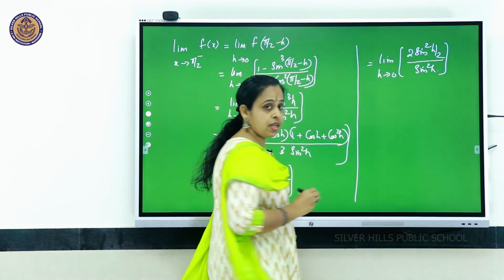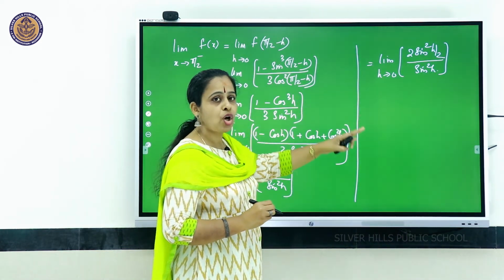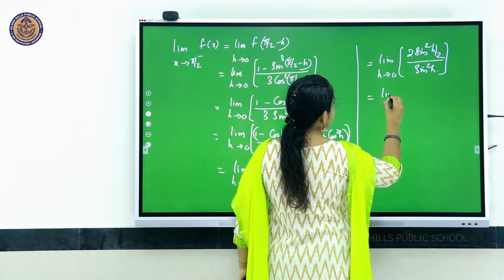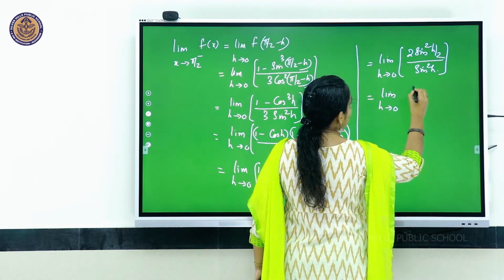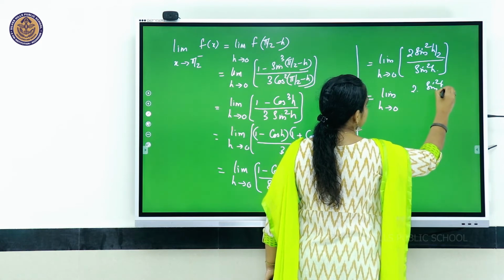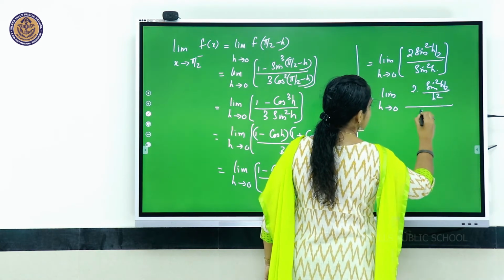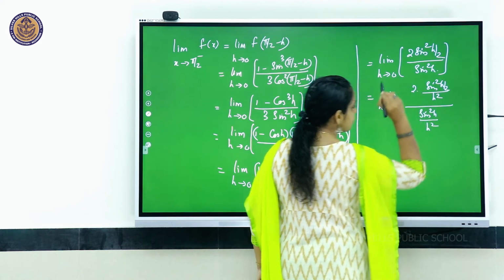In order to get the limit, let us divide the numerator and denominator by h square, equal to limit h tending to 0, 2 into sin square (h by 2) by h square, denominator sin square h by h square.